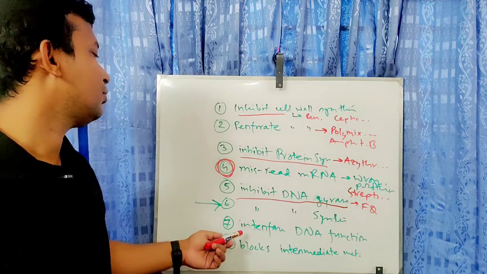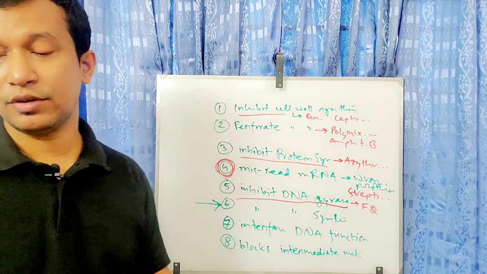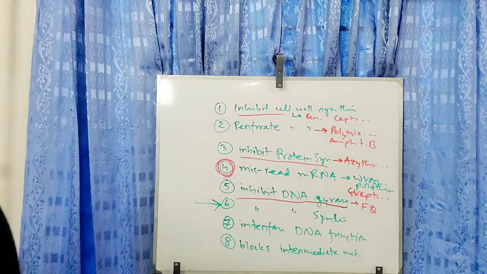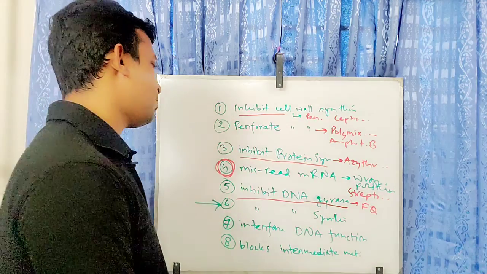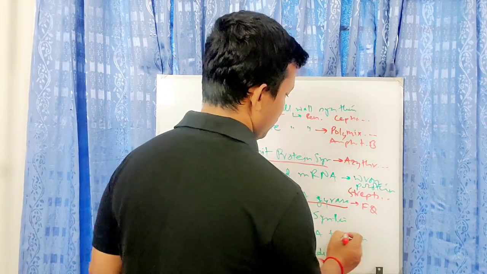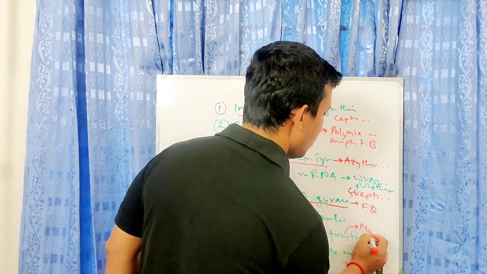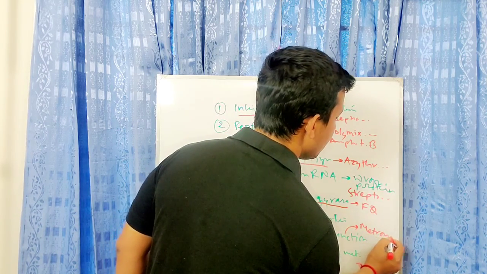Now the seventh one, interfere with DNA function. It's kind of a tricky sentence. So DNA function interference, here comes metronidazole.